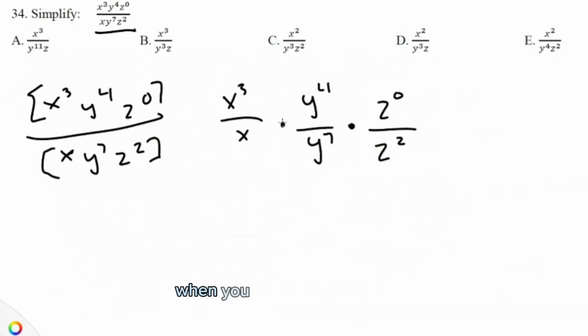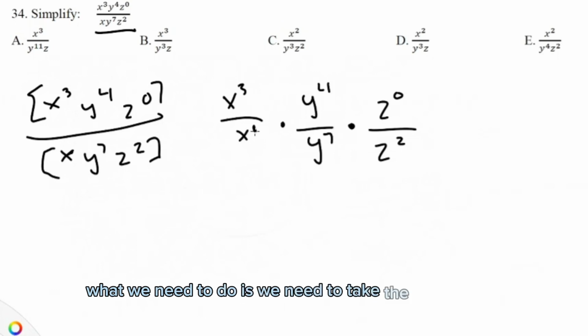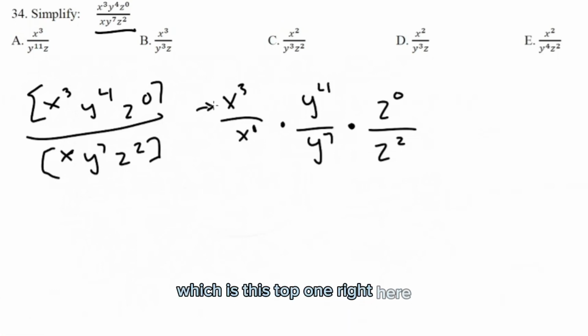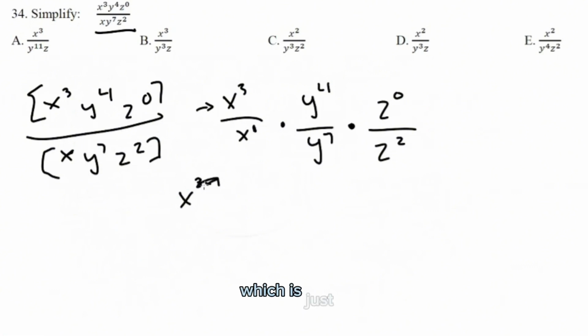Automatically, when you have no power listed, that's the power of 1. Now, since we have the power of 1 and the power of 3, we need to take the greater one, which is the top one right here, and subtract the bottom exponent from it. So that would just be x and then 3 minus 1, which is just 2. So this entirety becomes x squared.